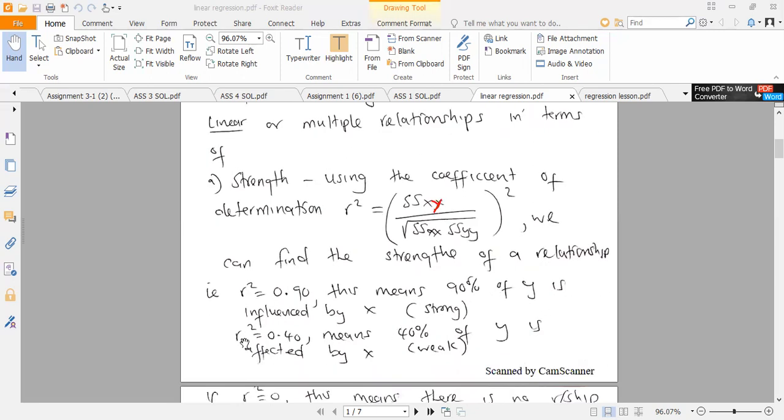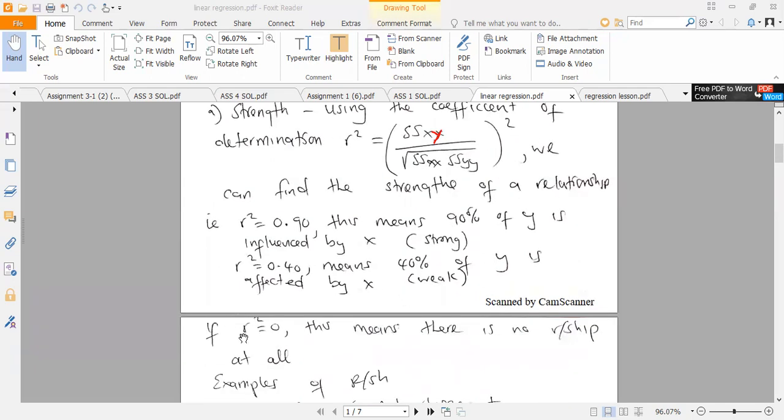If our R squared is 0.4, in percentage, this means 40% of the variation in y is as a result of the variation in x. If your R squared is 0, it means there is no relationship at all.